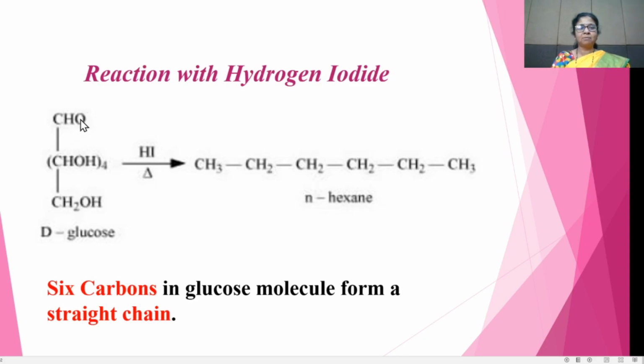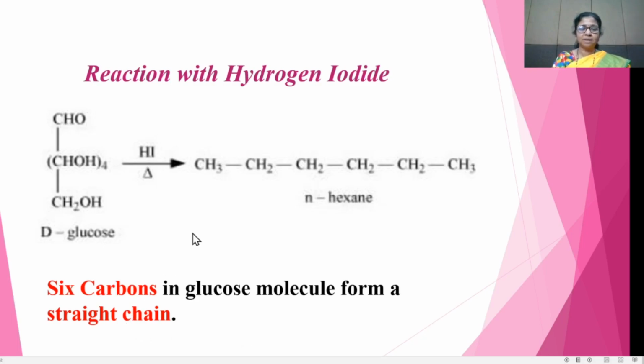We know that the molecular formula of glucose is C6H12O6. When this glucose is heated with HI, it gives n-hexane, which is a straight chain hexane. The formation of n-hexane indicates that the 6 carbon atoms in the glucose molecule form a straight chain.